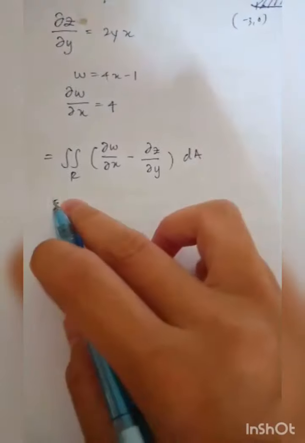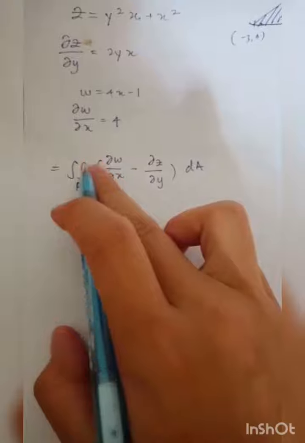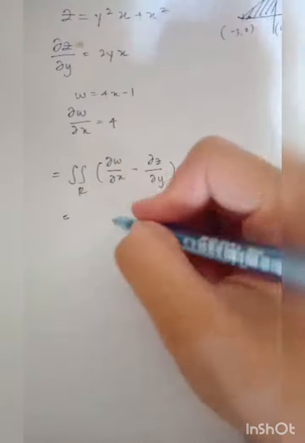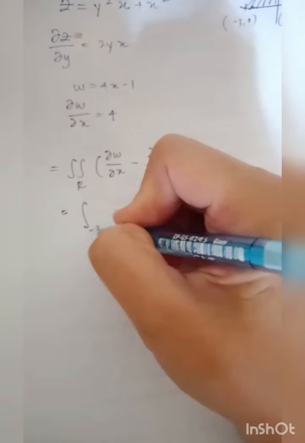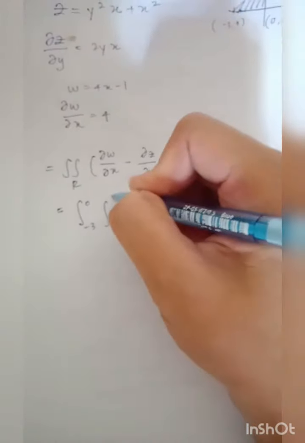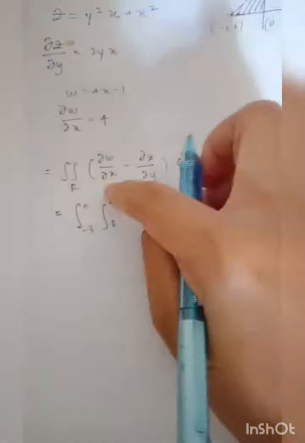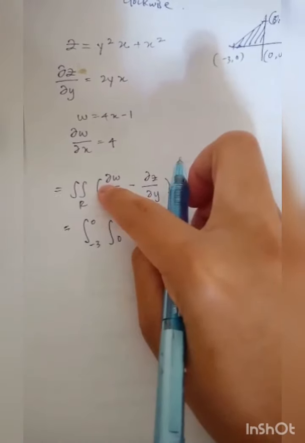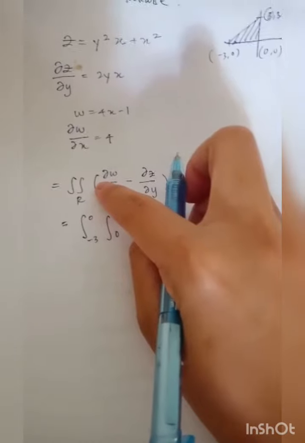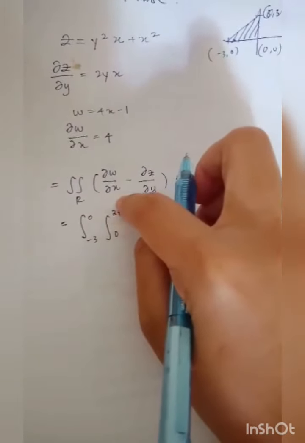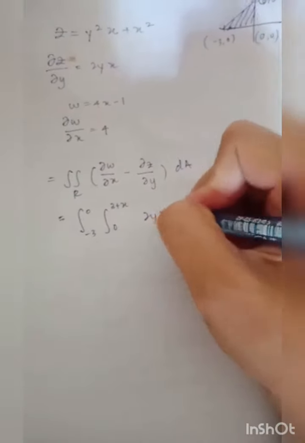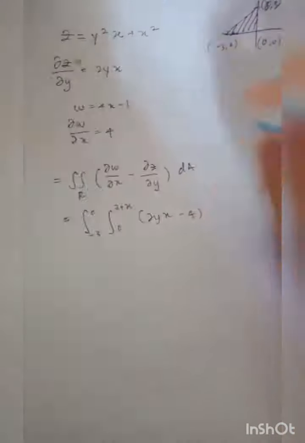Next we are going to insert the lower limit and upper limit for this double integration, which is -3 to 0, and 0 to 3 plus x, and insert the equations for the derivative of w with respect to x and the derivative of z with respect to y. dA stands for dy dx.